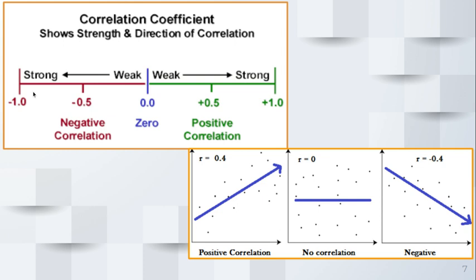So let's say we have a negative 0.9. That's a very strong correlation, but it simply says that it's a negative correlation. And so, for example, in this case, if our poverty rate goes up, then the other one will go down. So as poverty rate goes up, ACT composite goes down. That's a negative correlation. If it was at 0.98 down in this area, that's a very, very strong negative correlation.